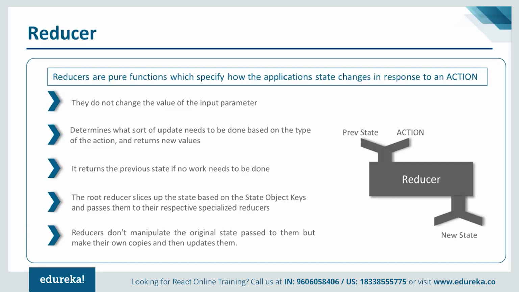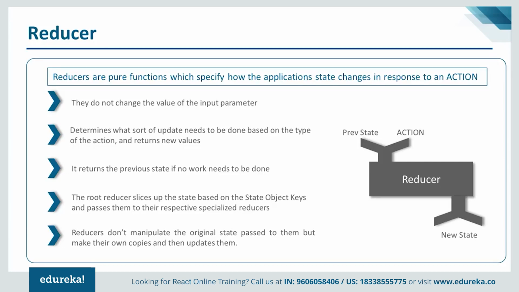This is a very important point to understand about pure functions. There are two types of functions: pure functions and impure functions. If a function changes the value of the input data, it is called an impure function. But with Redux, and specifically with reducer functions, this cannot happen. They do not change the value of the input parameter. That's why they are called pure functions.